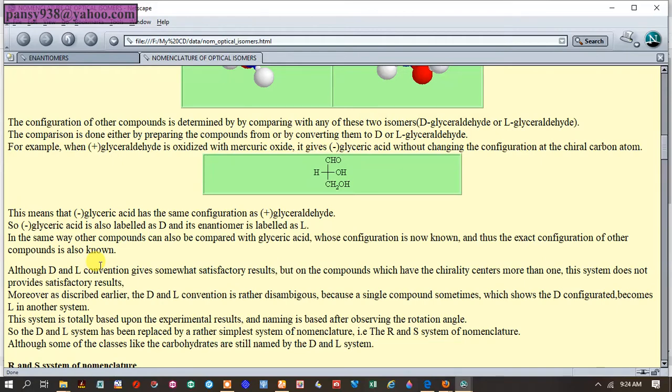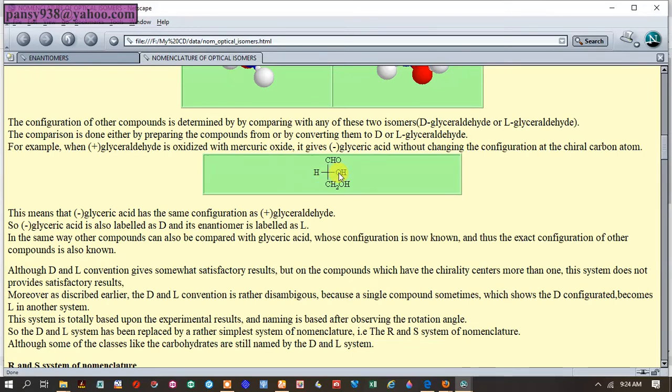So the system is not used frequently, but is limited to chemistry of carbohydrates in understanding them, and of course it is most frequently used for the last asymmetric or the chiral center for the representation of stereochemistry of the last chiral carbon.